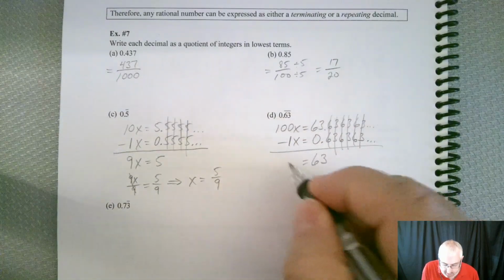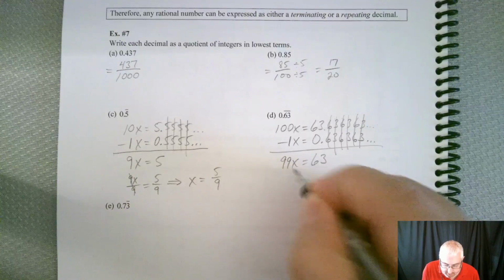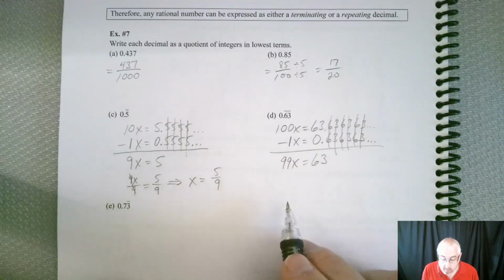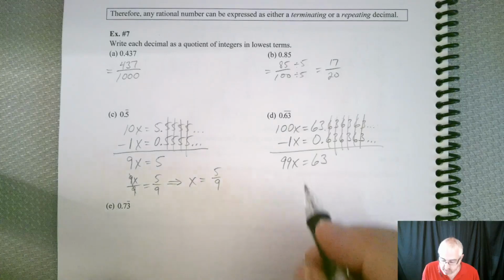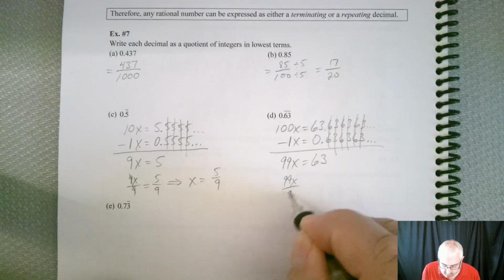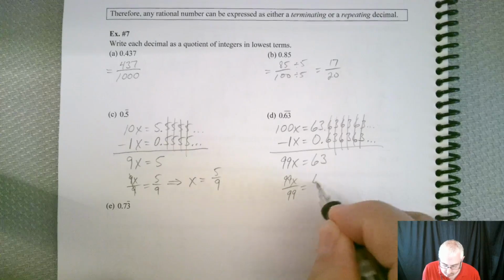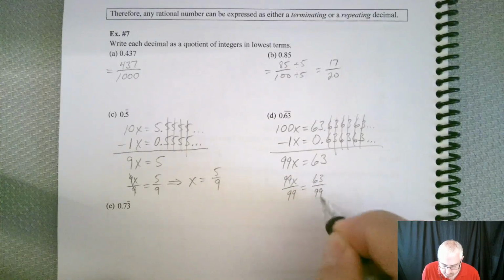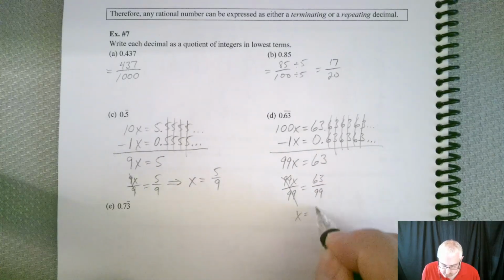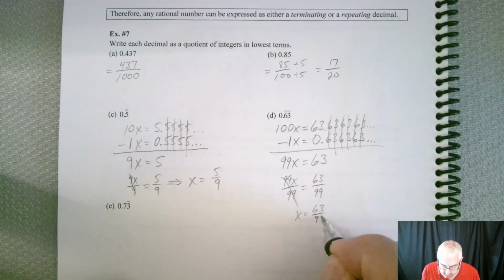So yeah, 99x. All right. And so now, next step is to divide. So let's divide by the 99 on both sides. So those cancel. So we got x equals 63 over 99.